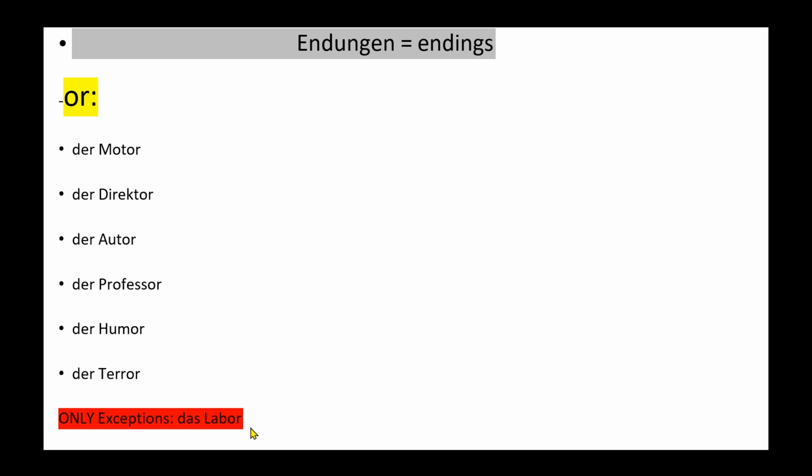You cannot learn these words one by one, but you can learn that except this exception, all the words with the ending -or have the article der. So keep this in mind, only the exceptions, and the rest will be fine. Moving on to the next slide.